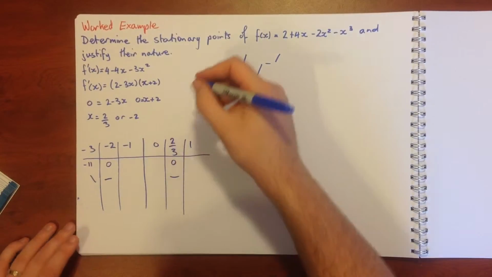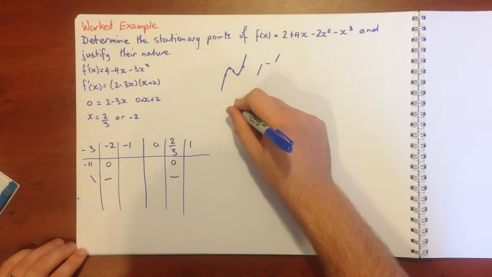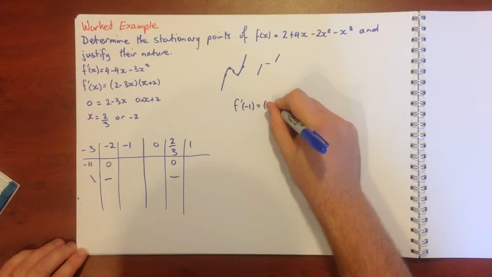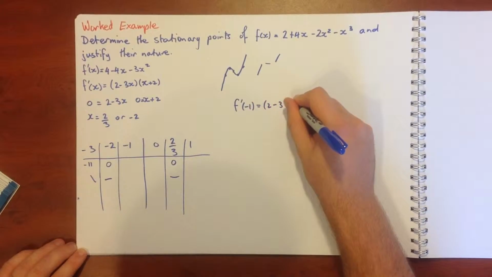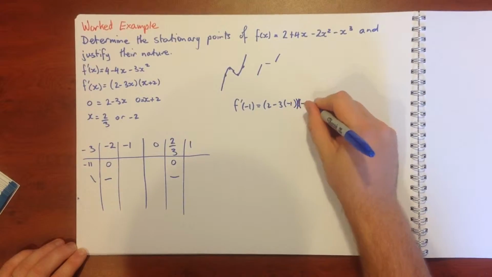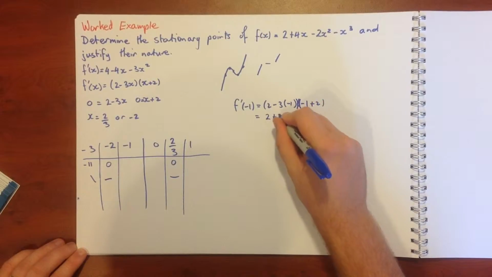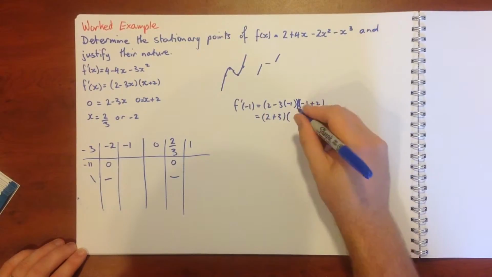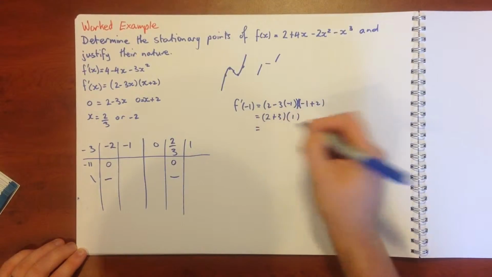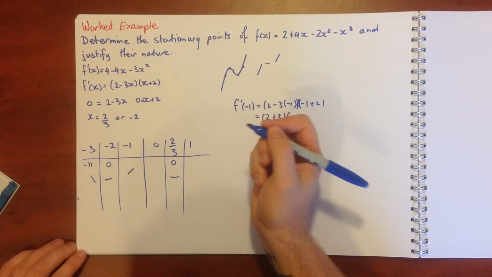For minus 1, we'll have to work that one out because I can't cheat from the textbook. f dash of minus 1 equals 2 take 3 times minus 1, times minus 1 plus 2. So we get 2 plus 3, and minus 1 plus 2 is 1. We'll get 5, which is positive.